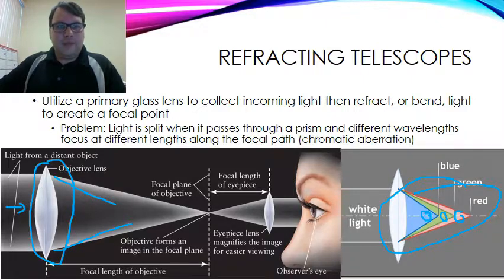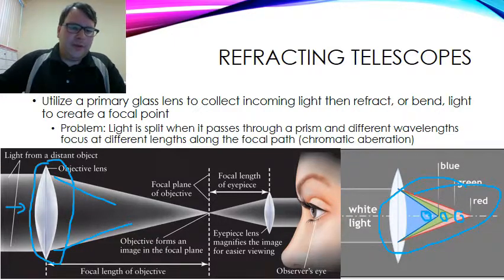Now, that being said, if we build really, really big refracting telescopes, there is a limitation because a refracting telescope uses that glass lens in the front. Glass is very heavy as a material.